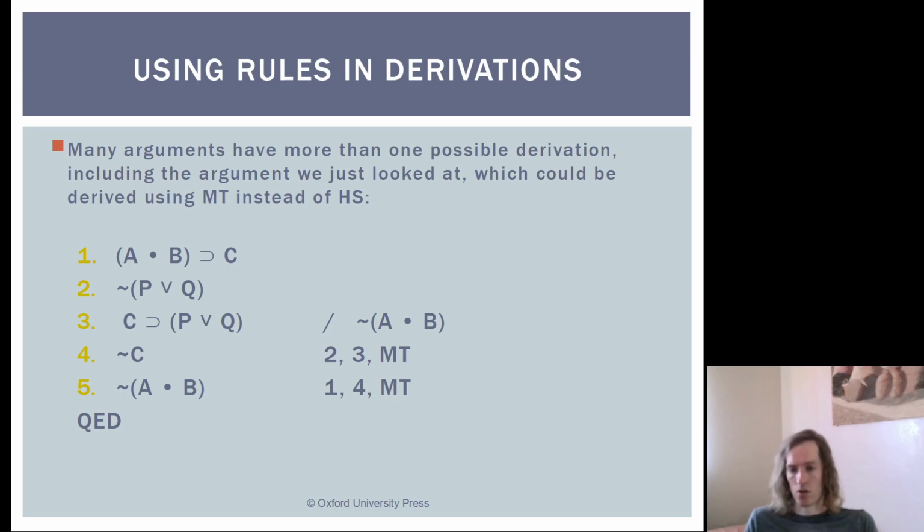Okay, so many arguments have more than one possible derivation. There are different ways that you could do things, different rules that you could apply to get to the conclusion in different ways. Any correct application of rules will be fine.